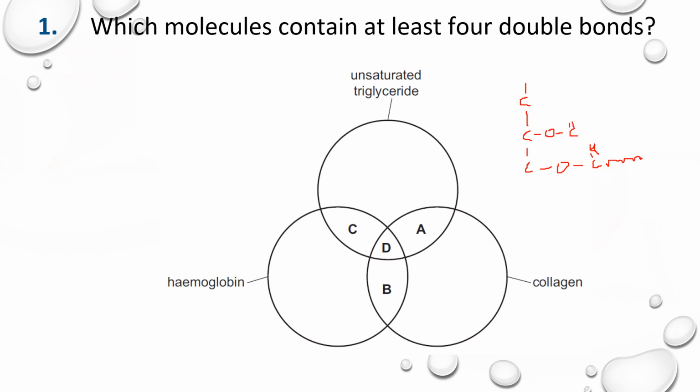Now this is a carbon double bonded with oxygen, and this is the hydrocarbon chain. All right, so maybe one or two of them have a saturated hydrocarbon chain, but the question says we're dealing with 4 double bonds.